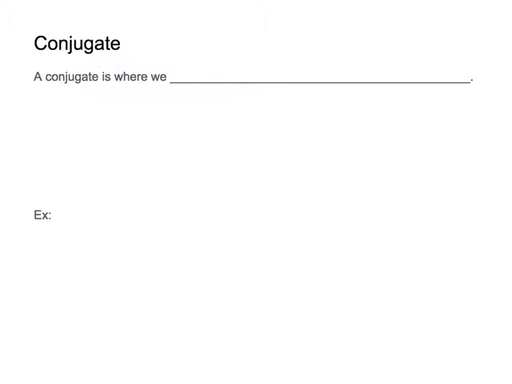So a conjugate is where we change the sign in the middle. That is the simplest way to think of it.